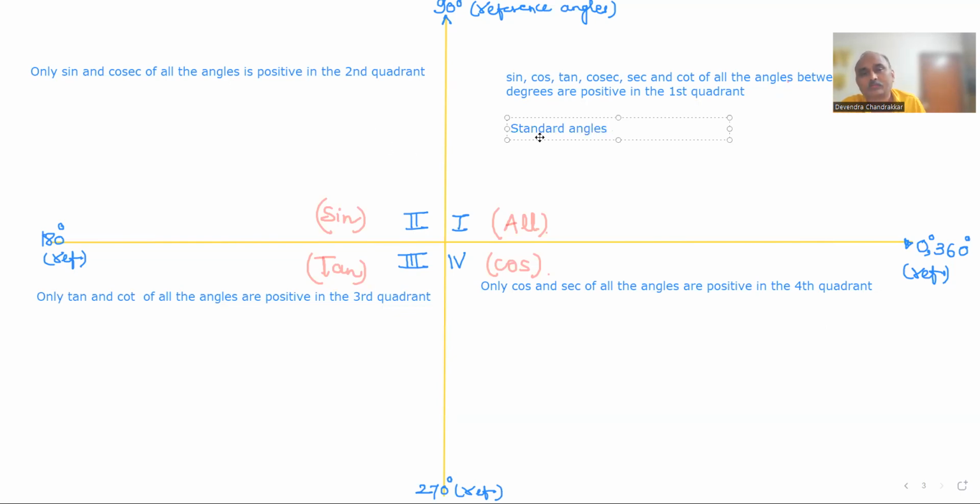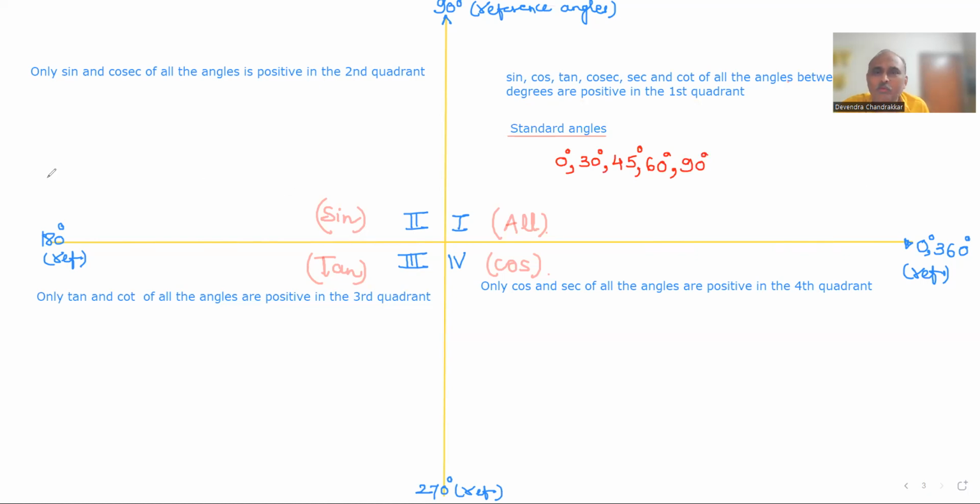Standard angles of first quadrant are 0 degrees, 30 degrees, 45 degrees, 60 and 90 degrees. ठीक है?